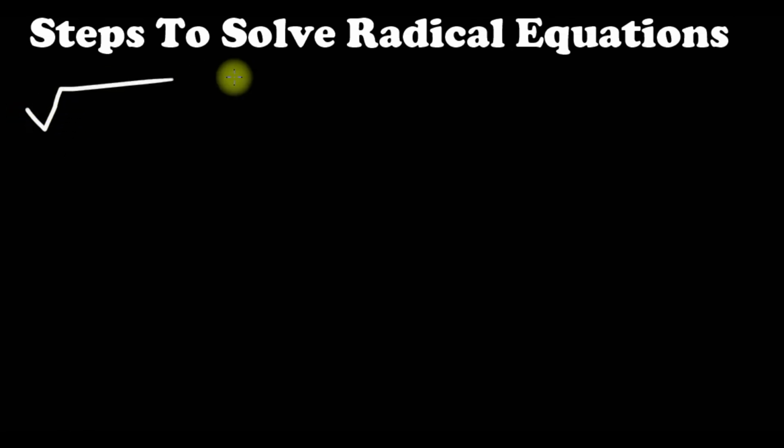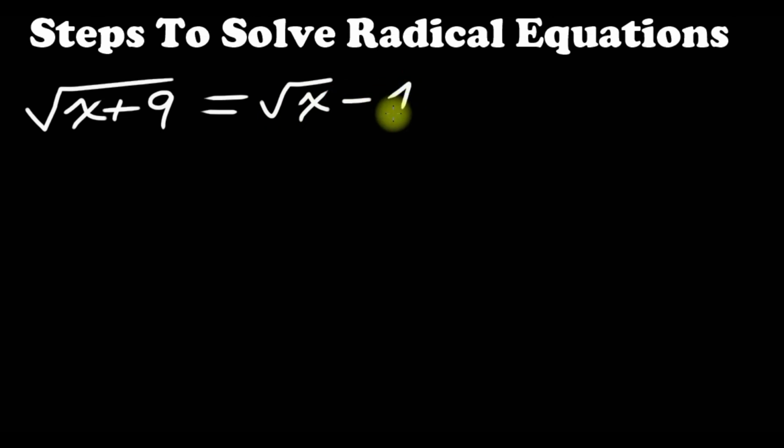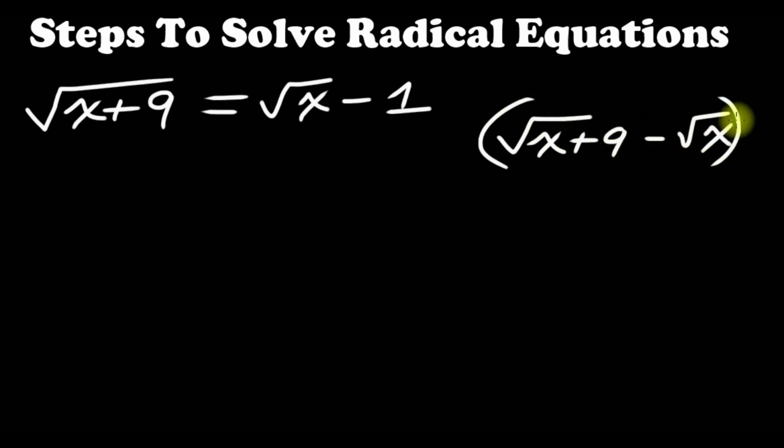So here you have square root of x plus 9 equals square root of x take away 1. Okay, so solving for x. I'm not going to isolate the square root, because if you do, you end up with this, and then you would have to square that, and that would be a lot of work.